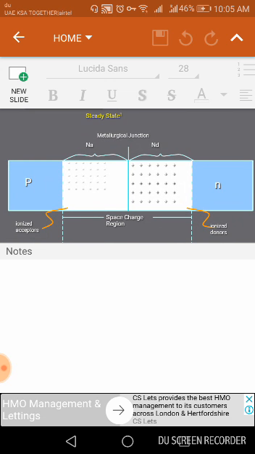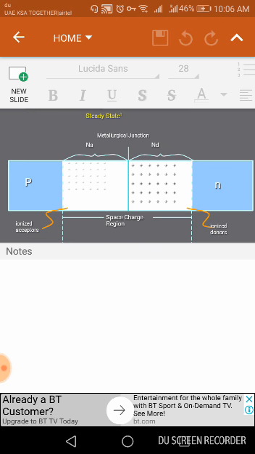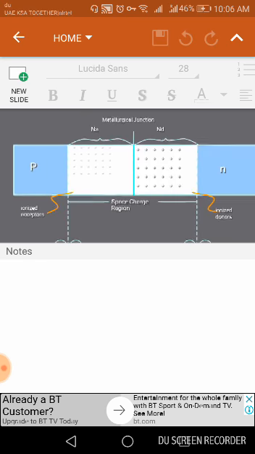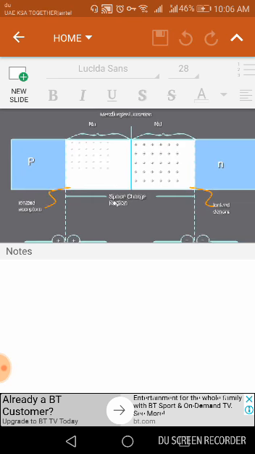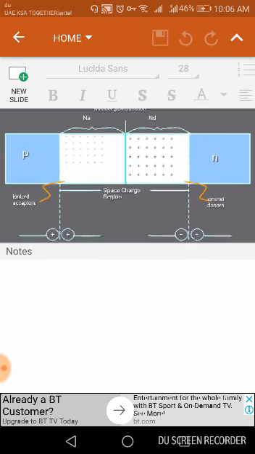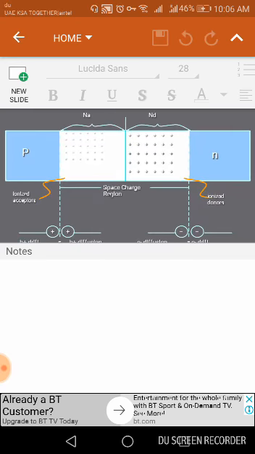You could see they are marked as ionized acceptors, and on the other side they are denoted as ionized donors. Pentavalent impurities donate one electron, so they are called donors, and trivalent impurities, since they are missing one electron, are called acceptors. So these ionized donors and ionized acceptors are due to recombination of electrons and holes.